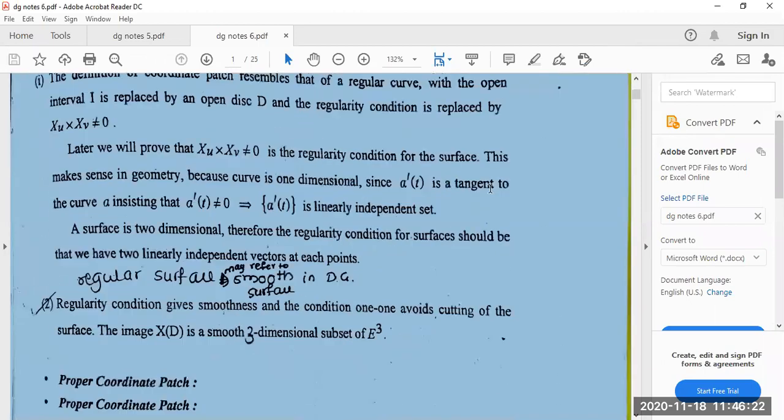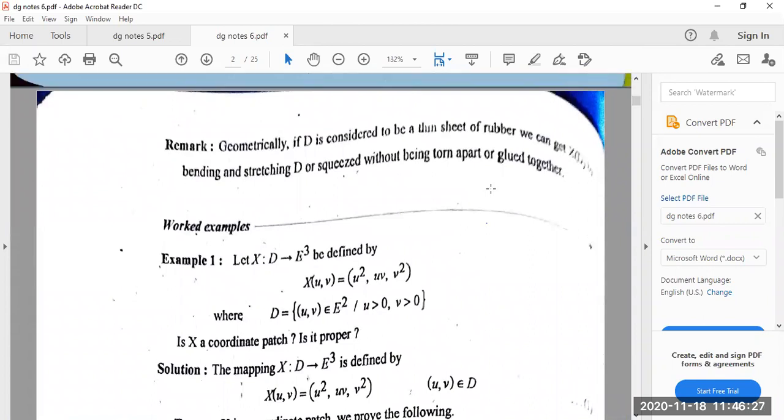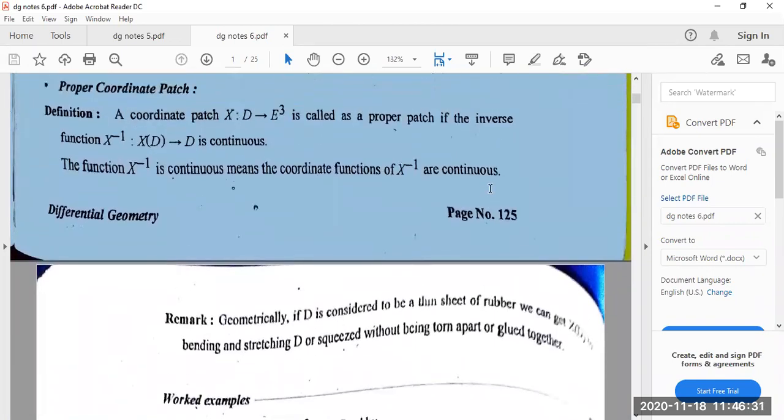In the next examples, we will see what a coordinate patch and a proper patch are. So here it is shown that x inverse must be a continuous map. What is the meaning of continuity? If we want to show that the mapping x inverse is continuous, now if you see, a mapping x is a mapping from D to E3, but what is x inverse? X inverse is a mapping from x of D to D.